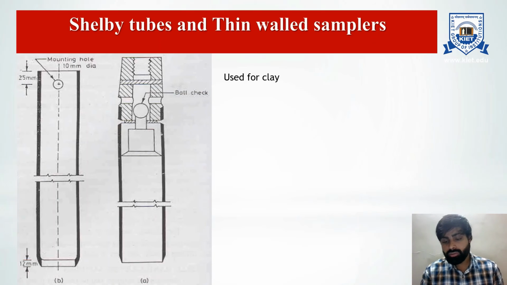The commonly used samplers have an outside diameter of either 50.8 or 76.2 mm. The bottom of the tube is sharpened and beveled, which acts as a cutting edge. The area ratio is less than 15%, and the inside clearance is about 0.5 to 3%.